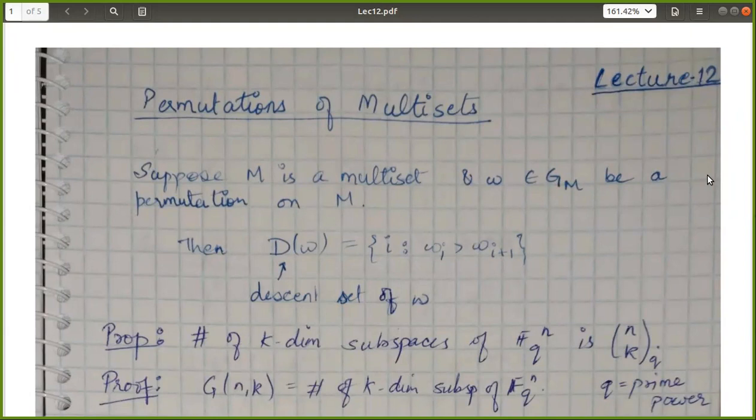Various ways of representing a permutation, how it can be further subdivided into alternating permutations, reverse alternating permutations, etc. We talked about descents, their Euler number, and many such parameters for the permutations. And all those permutations which we dealt with were permutations of a set, correct?